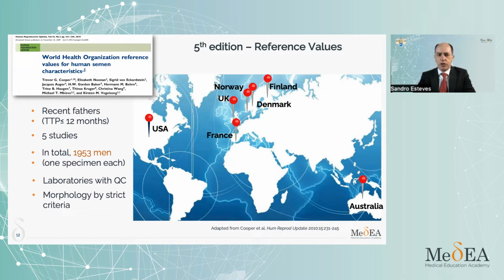So the reference range was obtained from a relatively well-defined population of recent fathers for the first time. Recent fathers were defined as men from couples who had achieved a natural pregnancy within 1 year from stopping contraception. Patients who were attending an infertility clinic or undergoing fertility assessment were excluded.